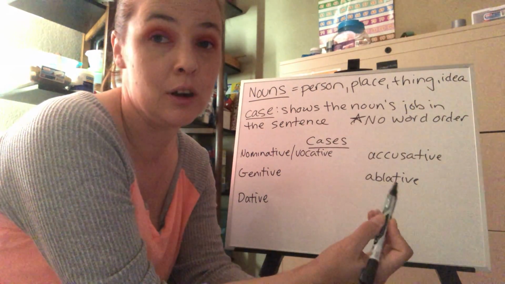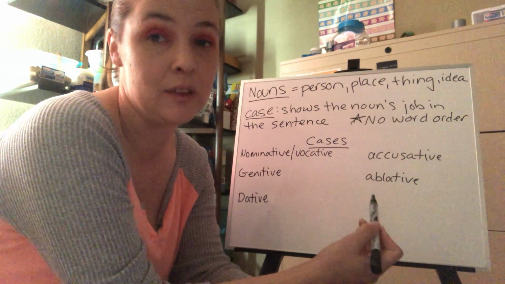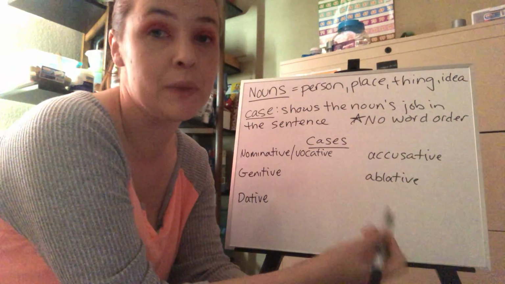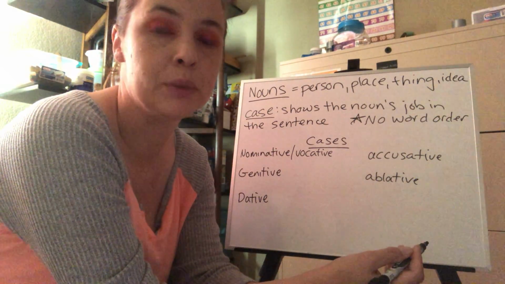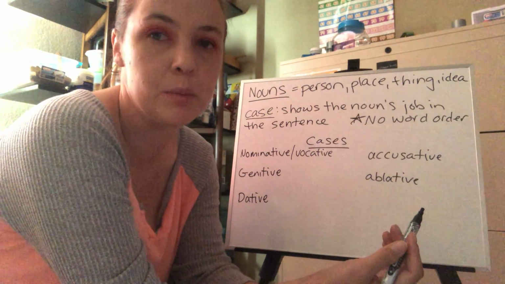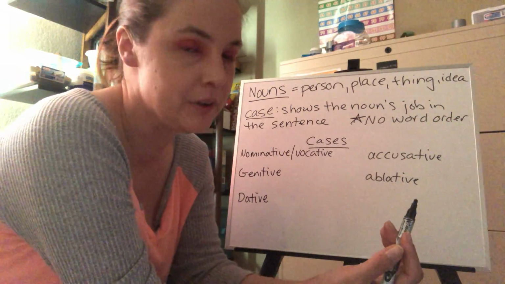And nouns are some of the biggest candidates for inflection in the Latin language, which makes them challenging in some ways, but still, it's just like putting a puzzle together. You just have to know the pieces of the puzzle and where they go, and you'll be fine.